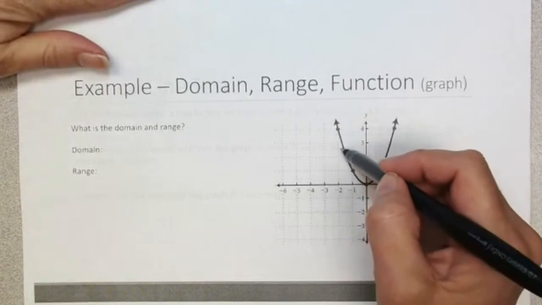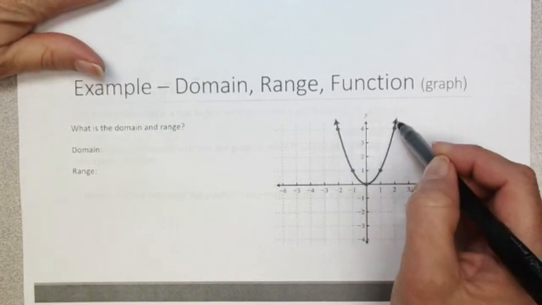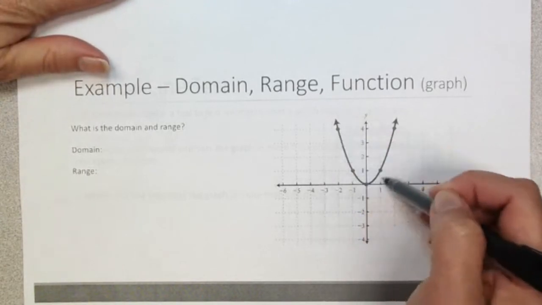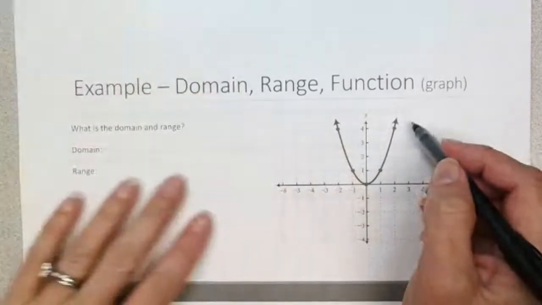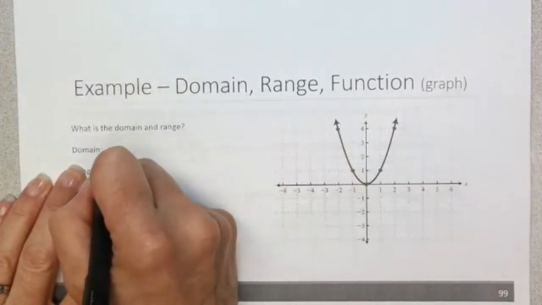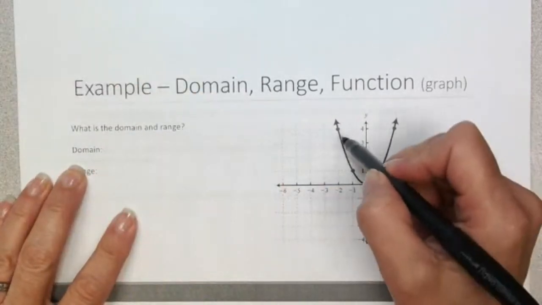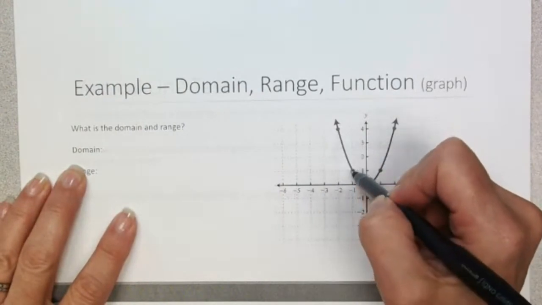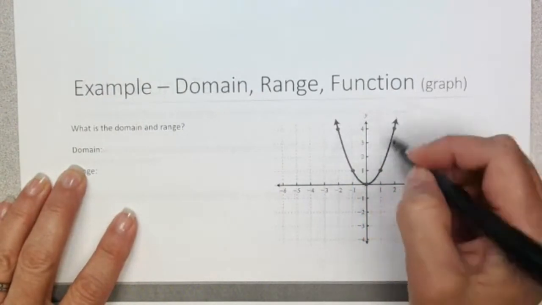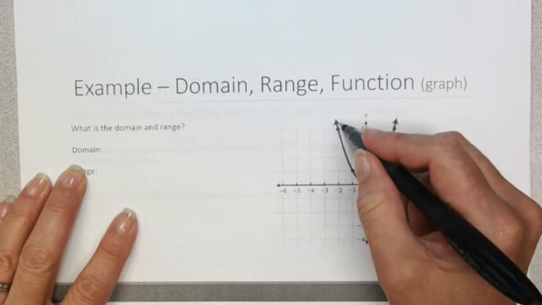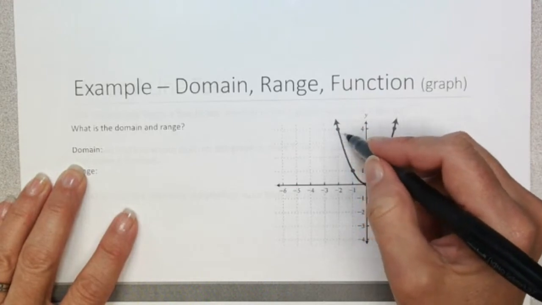A graph is actually all the possible ordered pairs in a function, right? So if I want to find the domain of this particular function, would I have to list out all the x coordinates of all the possible ordered pairs on that function? That might take me the whole rest of my life, right?